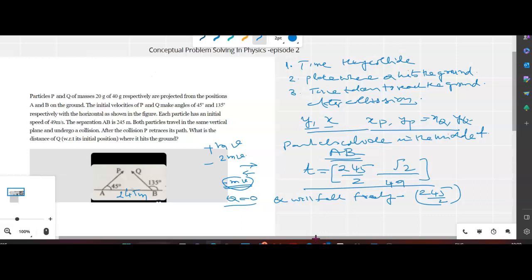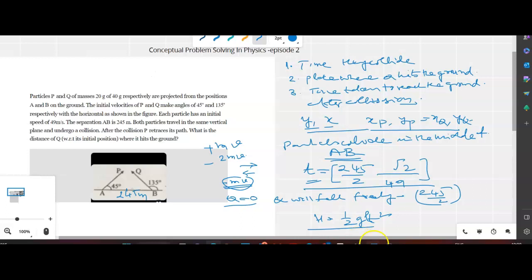This is the time it takes to collide, and the time of fall will be the same as this time. So we can also get the height by finding half gt square, because the time of collision is the same as the time of fall: the time it takes to go up to that height is the same as the time it takes to fall down.